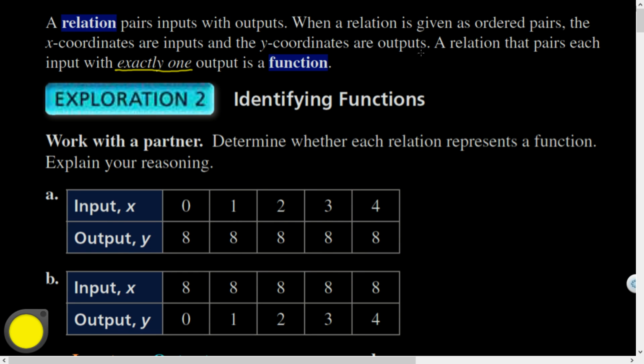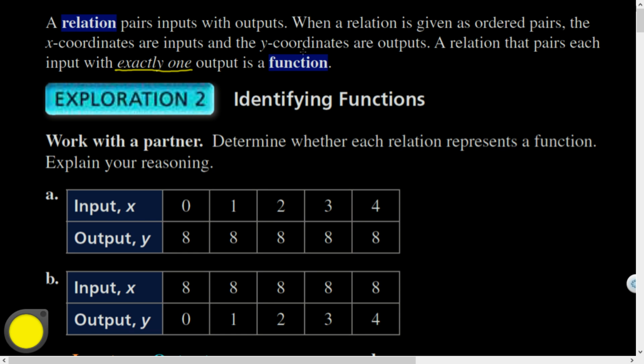Now, there is a specific case of relations called functions. And it says this, a relation that pairs each input with exactly one output is a function. So all functions are relations, but not all relations are functions.